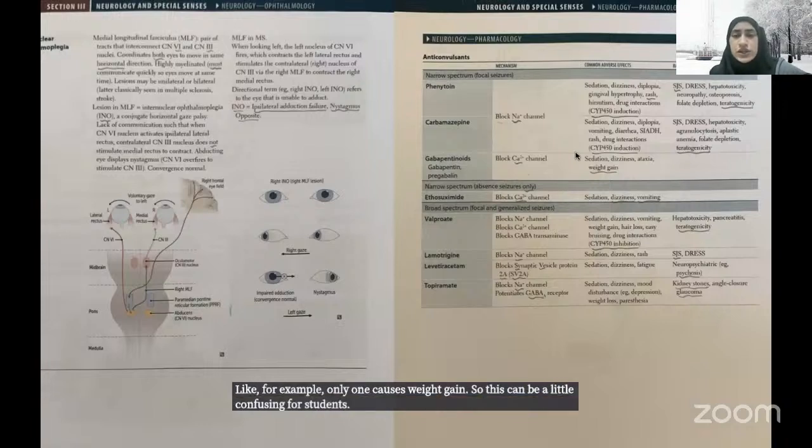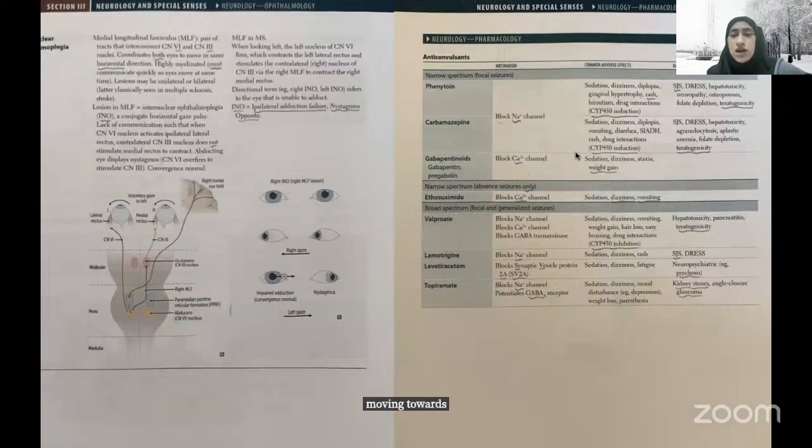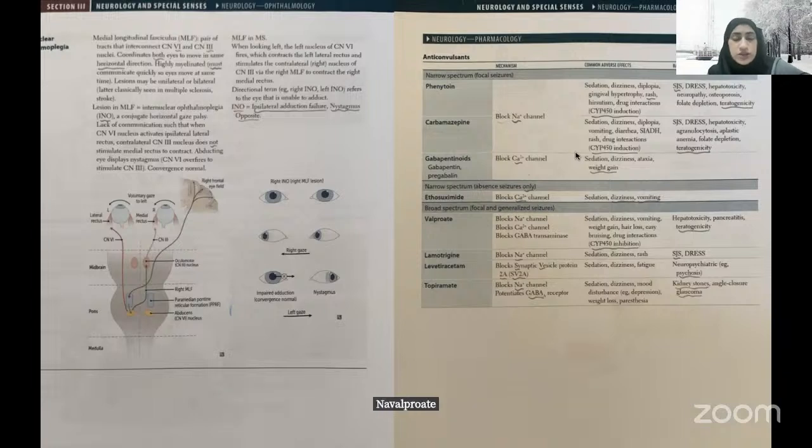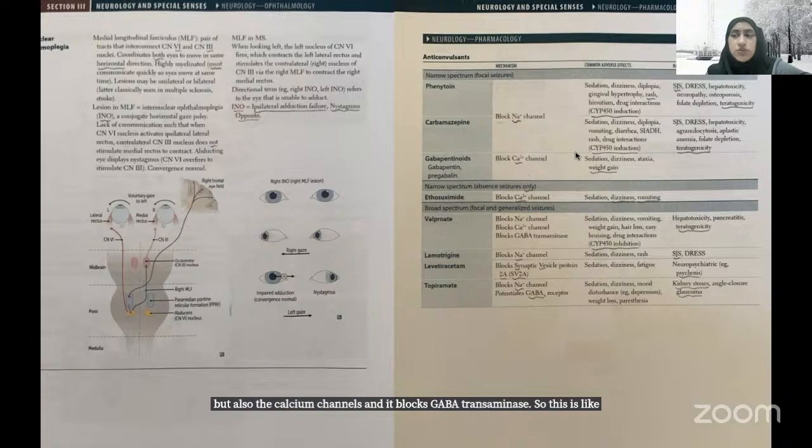Moving towards the broad spectrum drugs, which are used for focal and generalized seizures. You've got valproate. Valproate blocks not only the sodium channel, but also the calcium channels, and it blocks GABA transaminase. So this is a drug which has multiple functions.